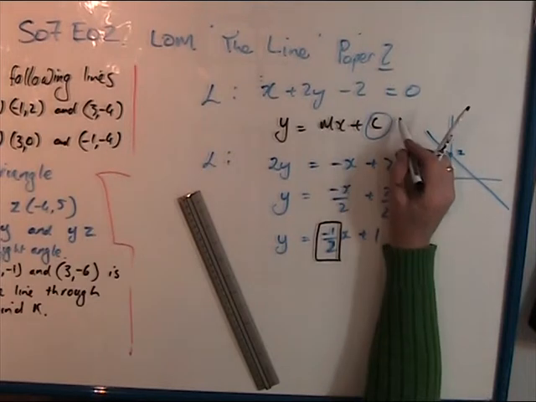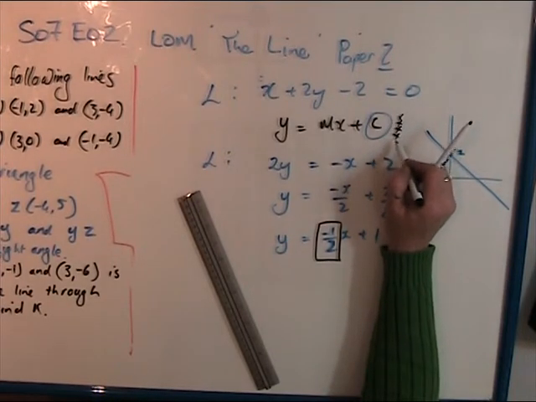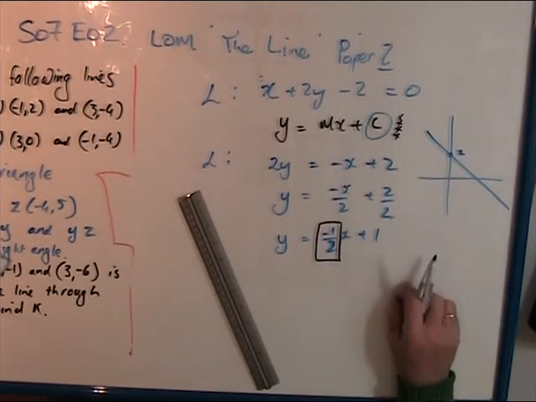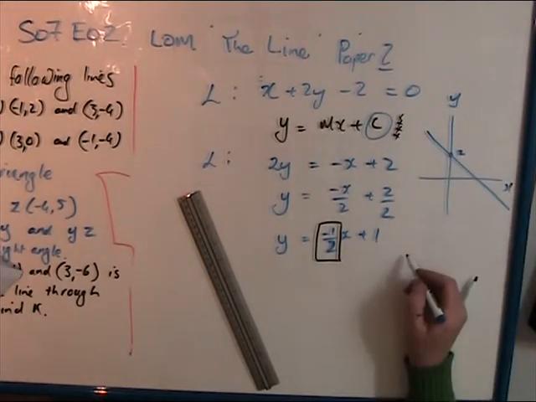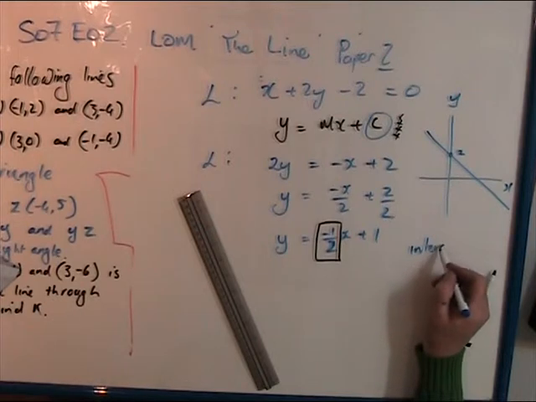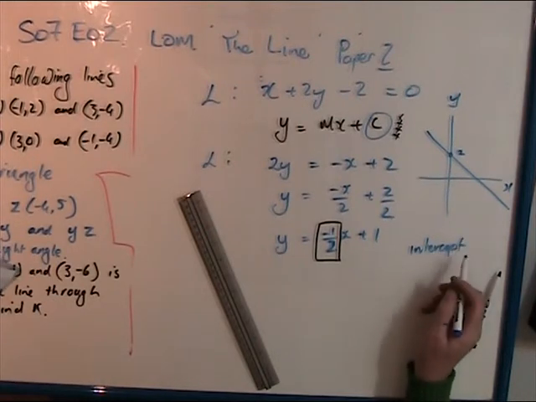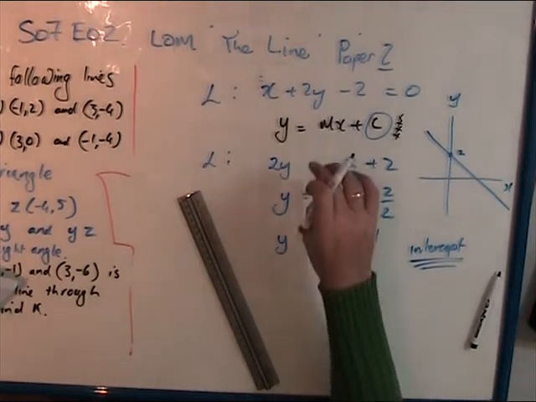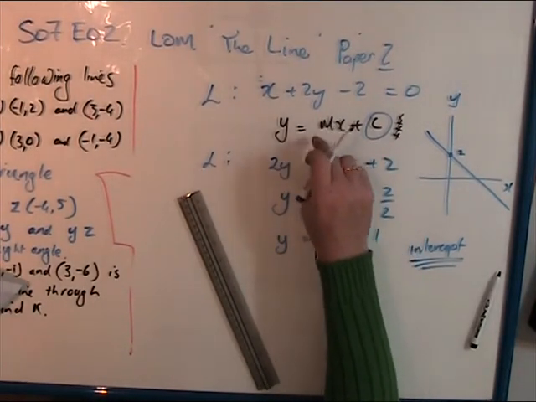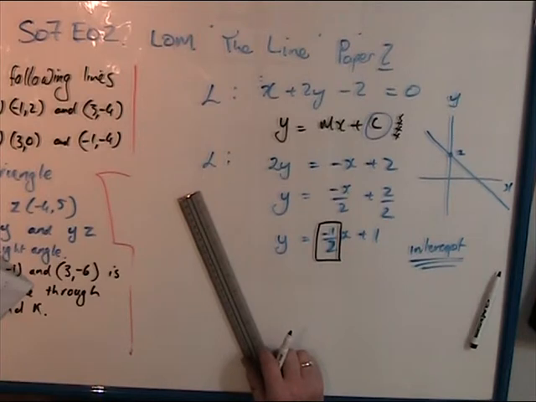Okay? They will slip in a question there and say, find c, the y-intercept. It's called the y-intercept. Intercept means it connects with it, intersection. That's all it means. Okay? So remember, this equation is very important. Get used to it. Right?